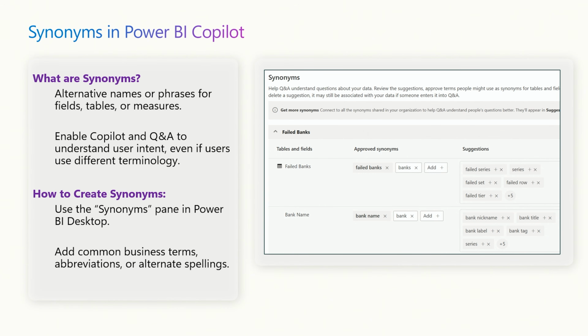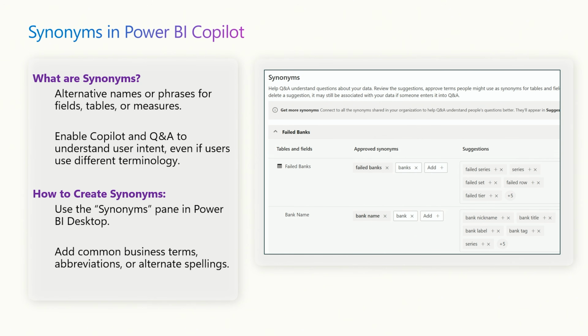Synonyms are what they sound like. We're going back to English class, put on my professor hat here. Synonyms are just alternative phrases for Copilot to leverage. If you say load, it could also be carry the load, or a burden.